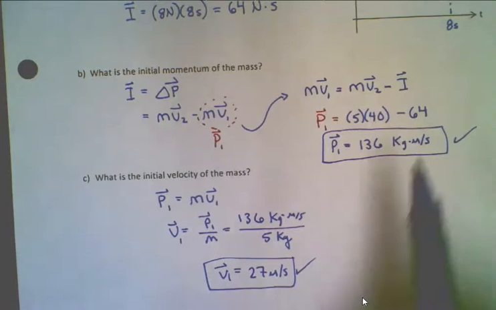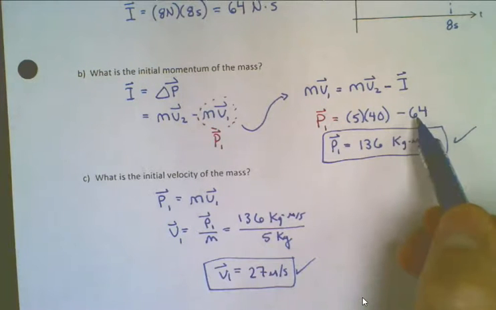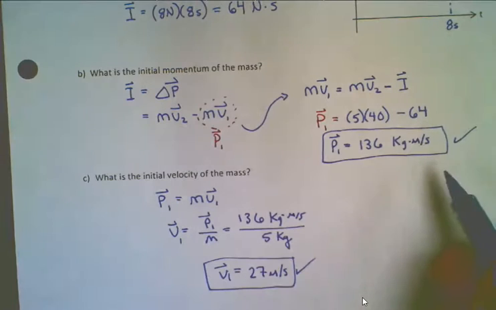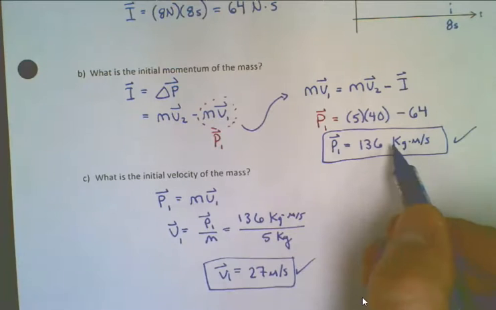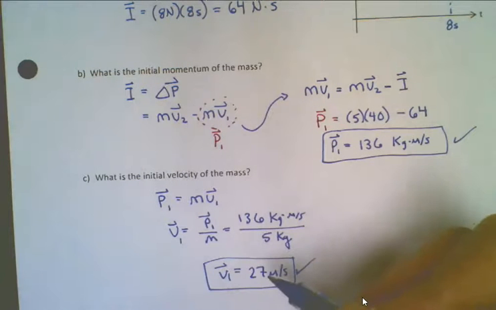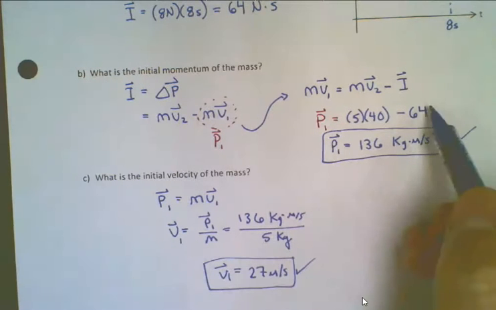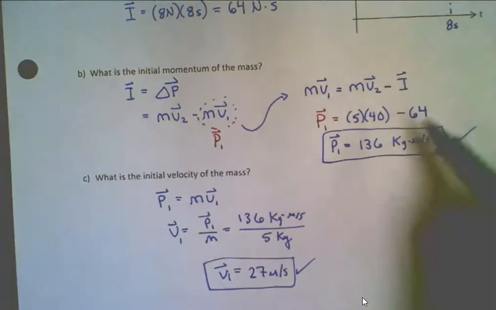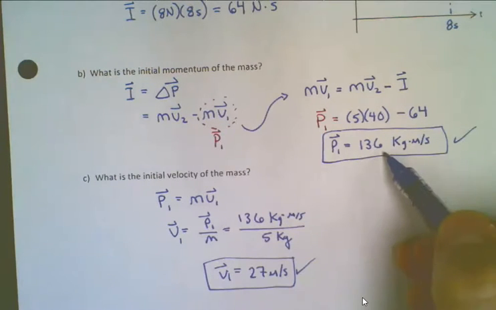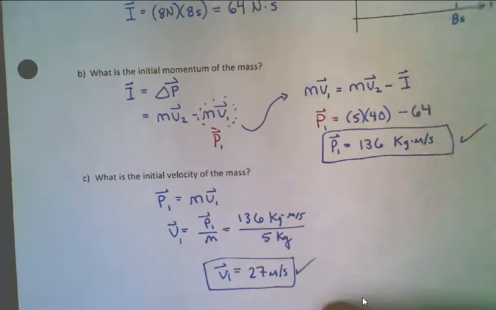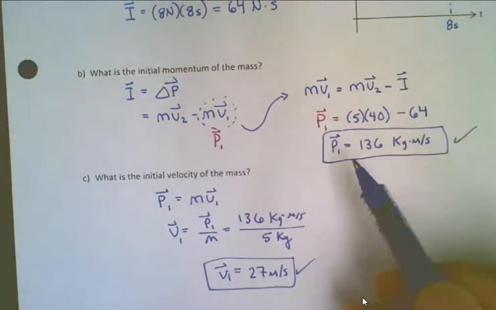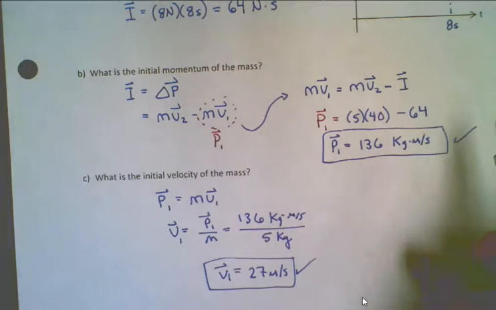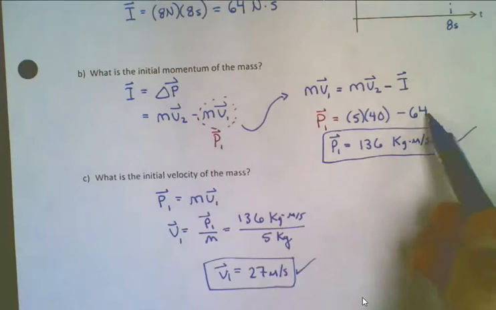So the object changed its momentum by 64 Newton seconds, which means it was gaining momentum. So it started out with a momentum of 136 and gained 64 to get to the final momentum. 136 and 64 is 200.